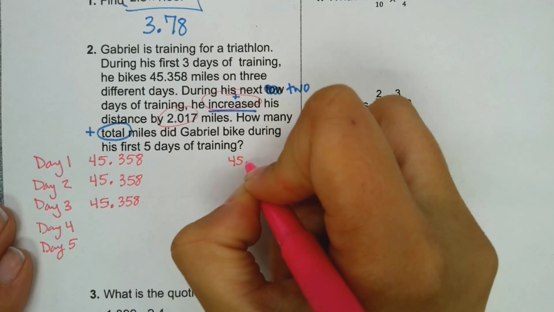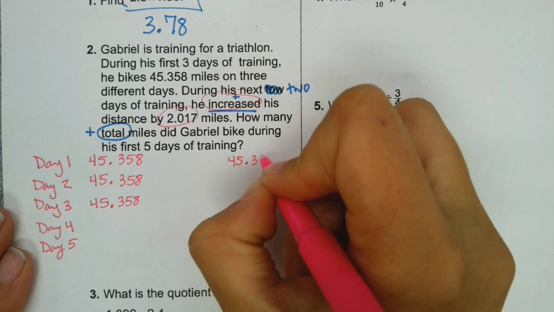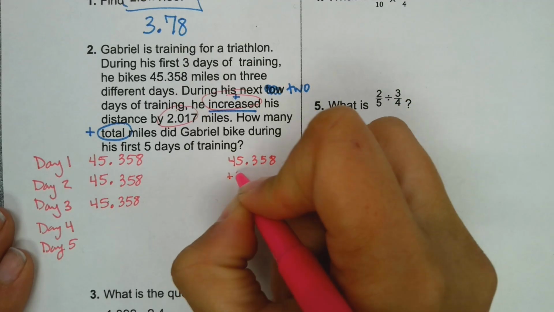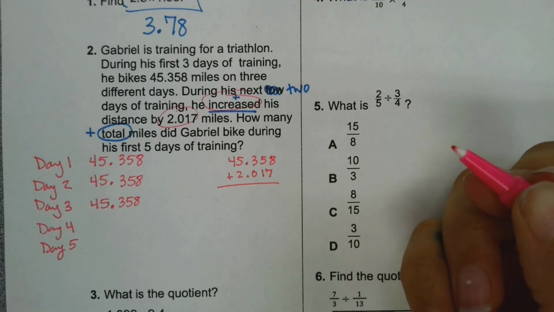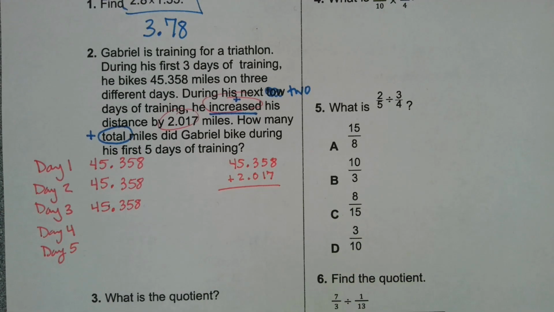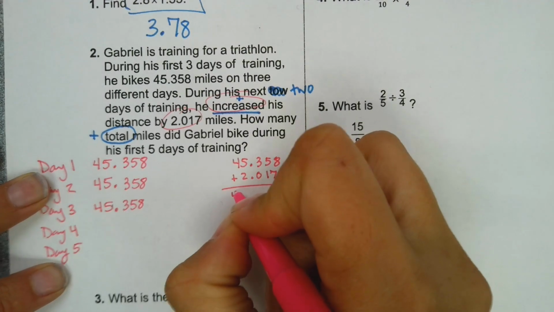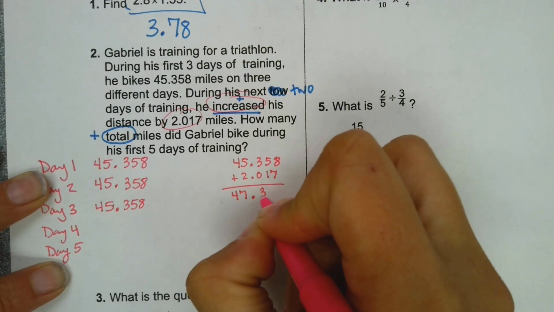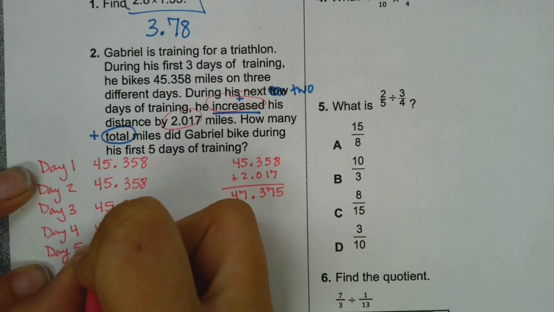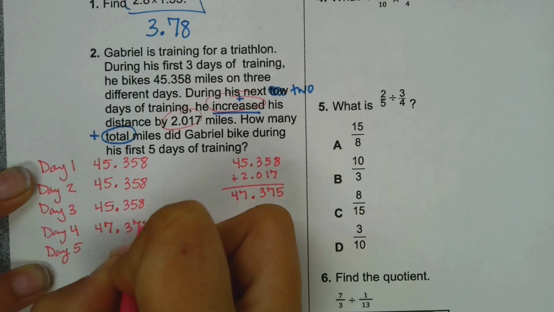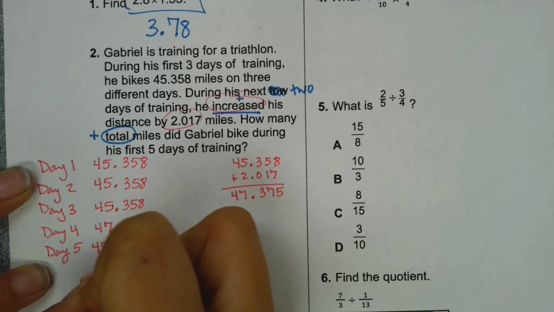So that means not his speed, I'm sorry, his distance. So if I add 2.017 to how far he was already riding, then that's going to tell me how much he goes on day 4 and 5. So I got 47.375. So on day 4, he went 47.375, and on day 5.